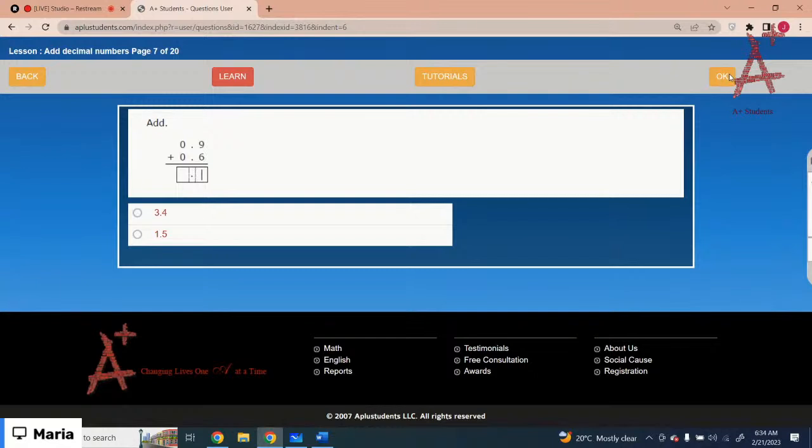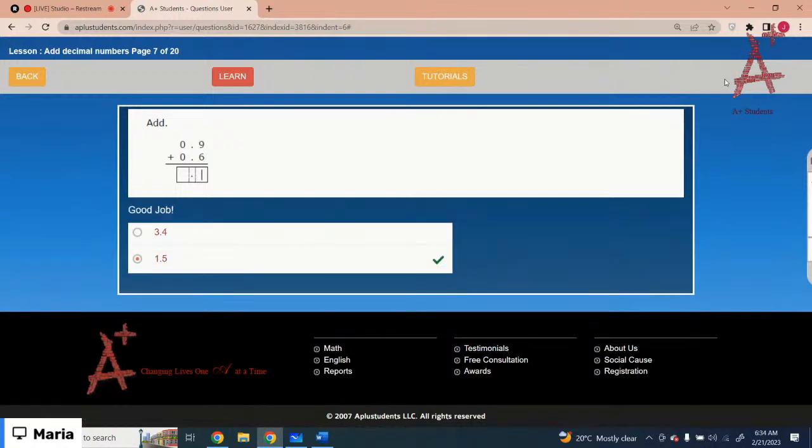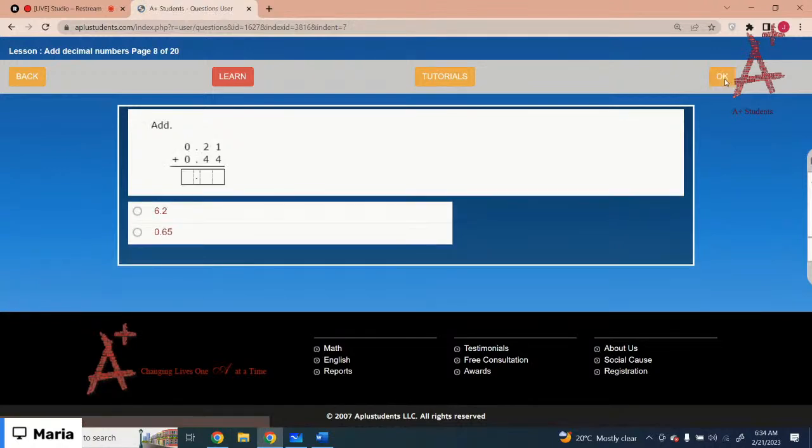Got it? It is 1.5. So the correct option is 1.5. Okay, the next one is 0.